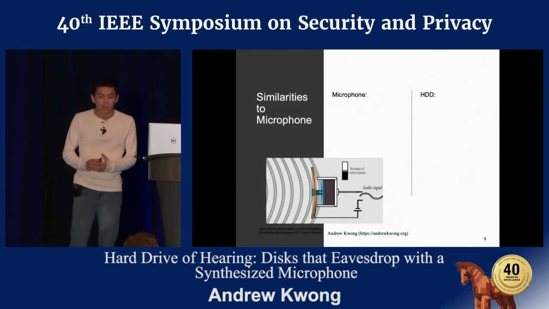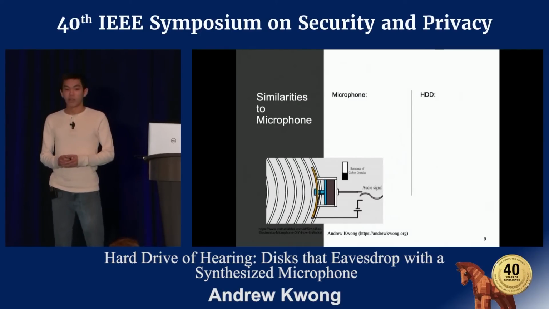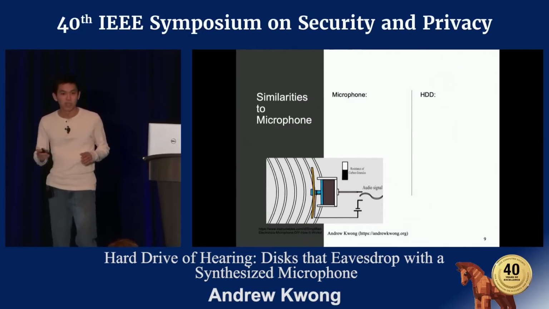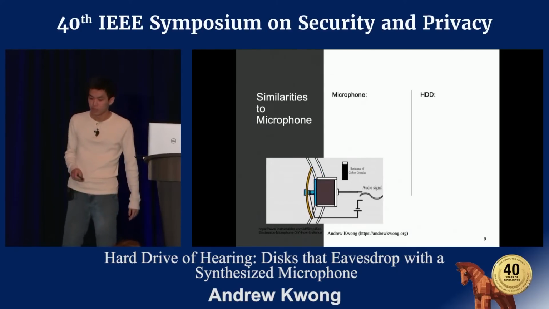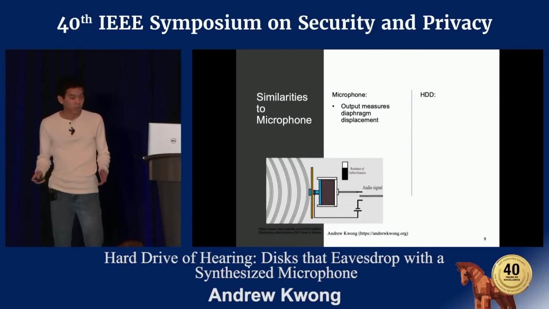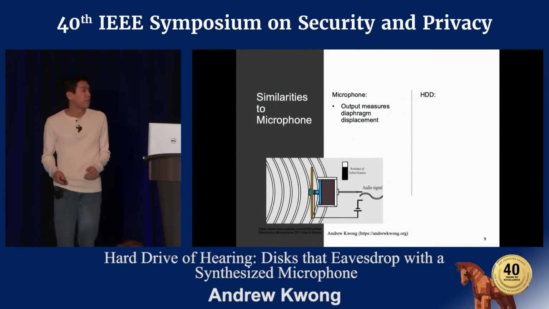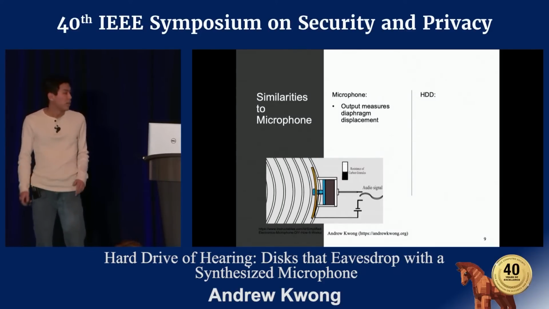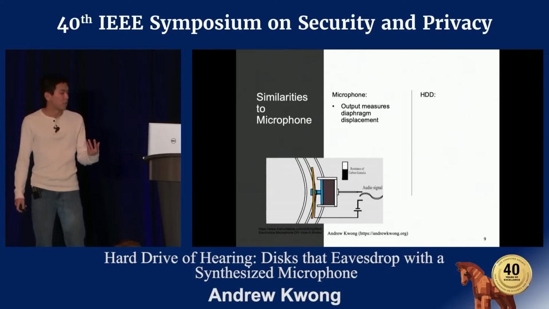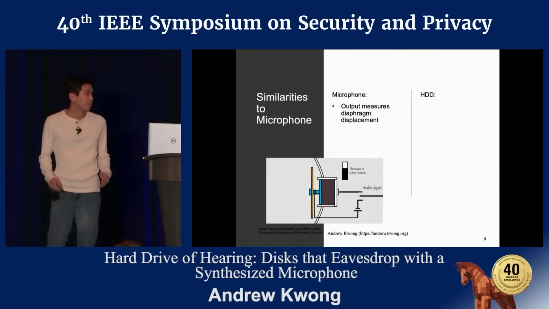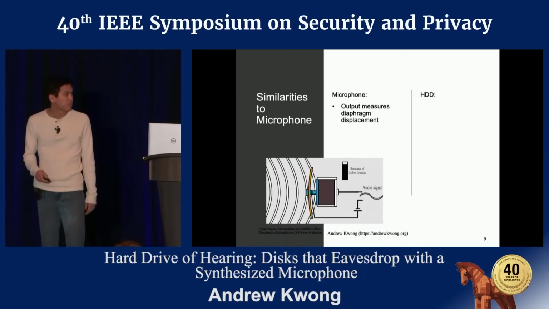Now that we know the basics of how a hard drive operates mechanically, we can begin to see similarities between how a microphone operates and the PES. With the microphone, the output measures the displacement of the diaphragm, as we can also see in the graphic there. The sound waves displace the diaphragm, and then the output represents the acoustic wave.